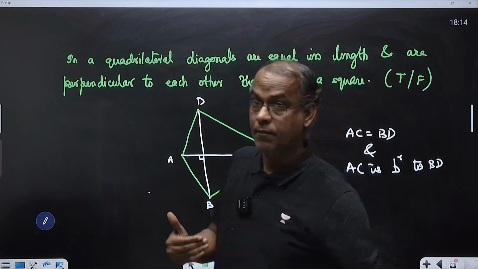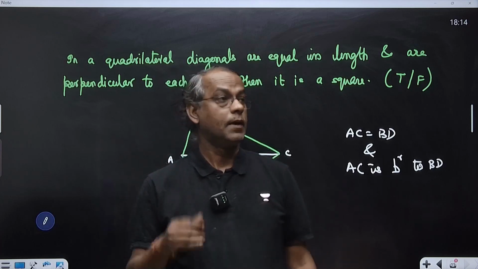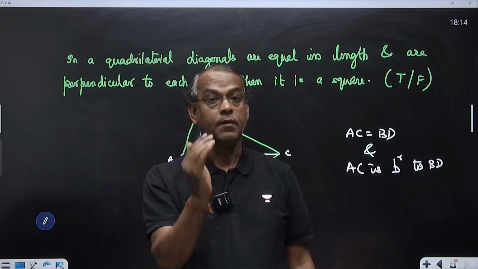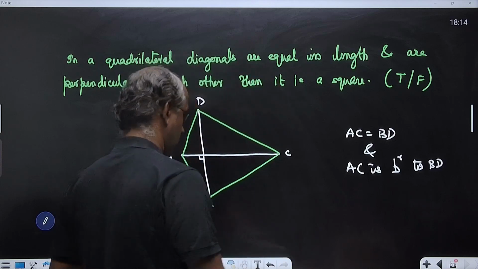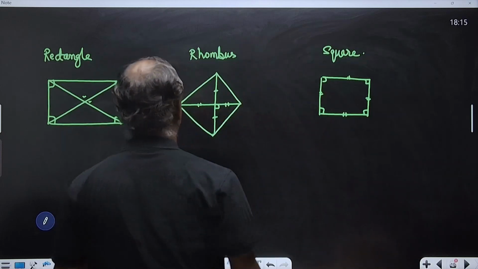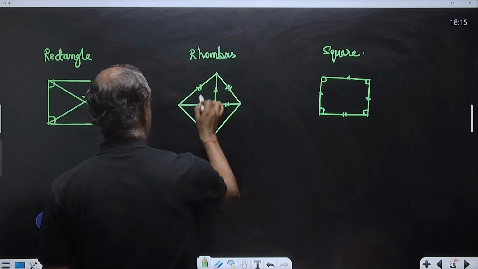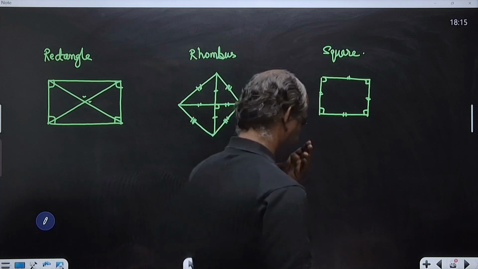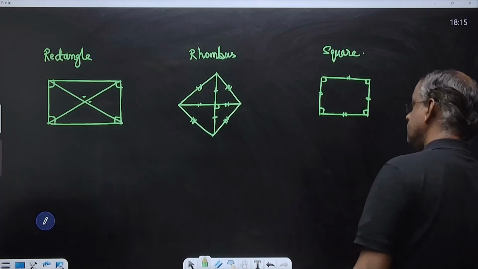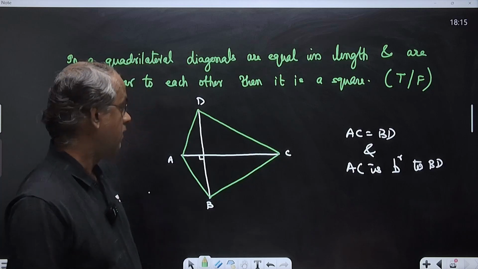If diagonals are equal in length, it is a rectangle. If diagonals are perpendicular, it is a rhombus. All the sides of a rhombus are equal in length. So please keep this in mind.